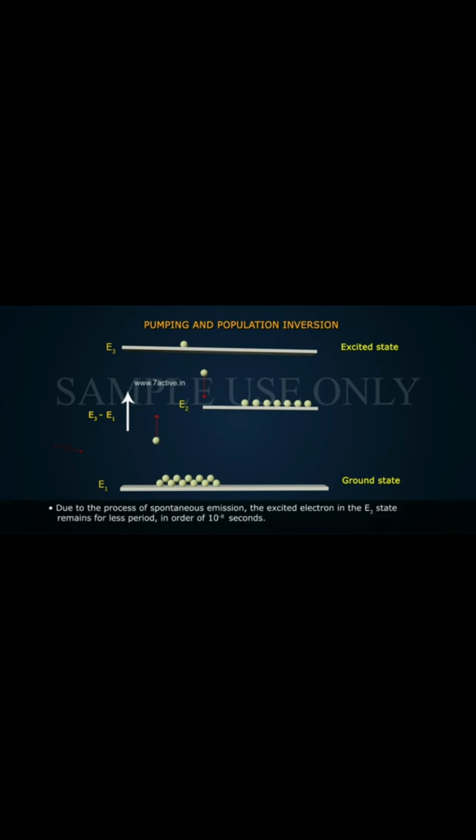Due to the process of spontaneous emission, the excited electron in the E3 state remains for a short period, in the order of 10 power minus 8 seconds. Usually, most of the electrons lose their energy due to spontaneous emission and return from E3 state to E1 state. The number of electrons in this state is said to be N1.